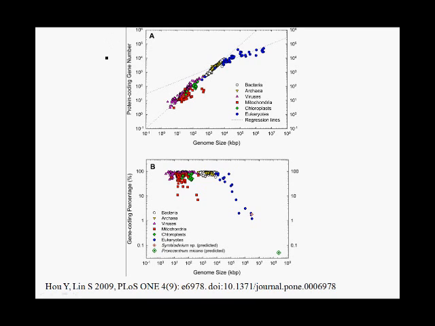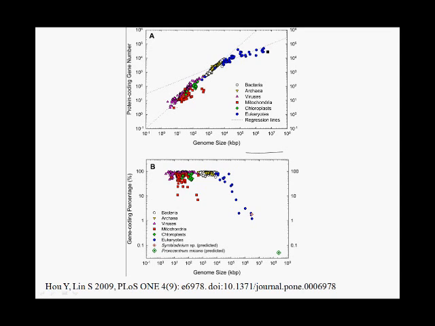So here we show a chart from a paper published in 2009 that looks at genome size on the x-axis, but also plots the protein coding gene number on the y-axis. And this shows the plot for everything from mitochondria and viruses up through complex eukaryotes.